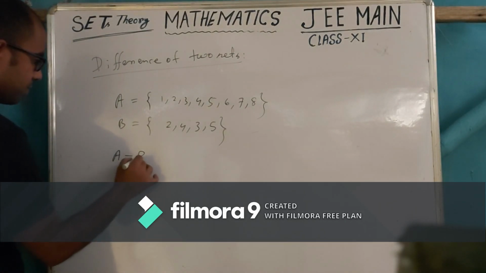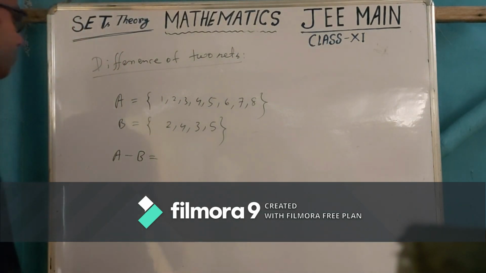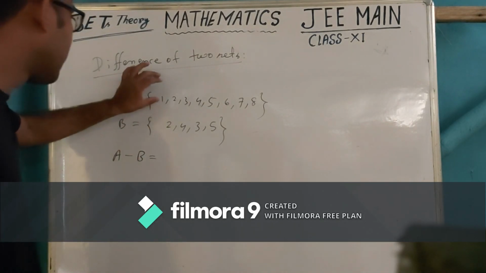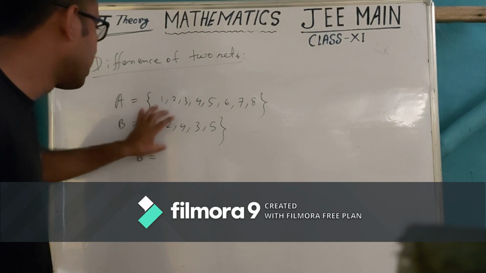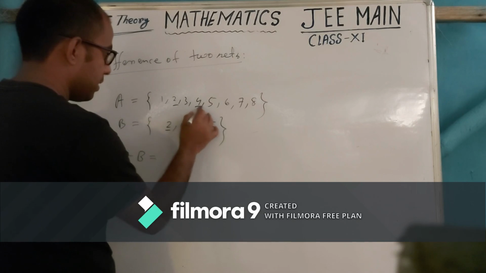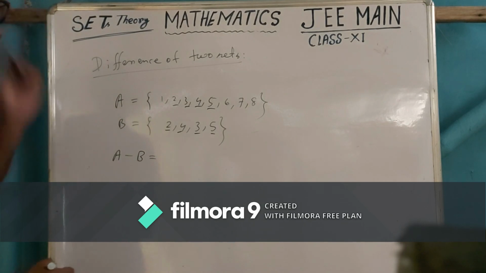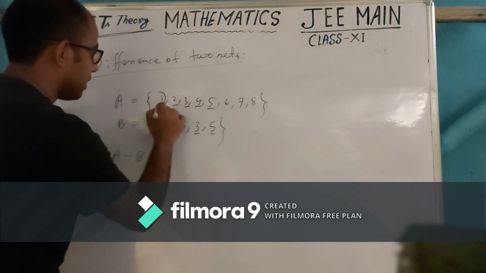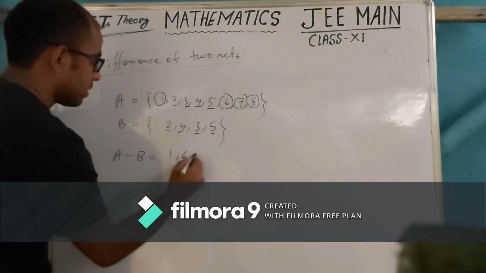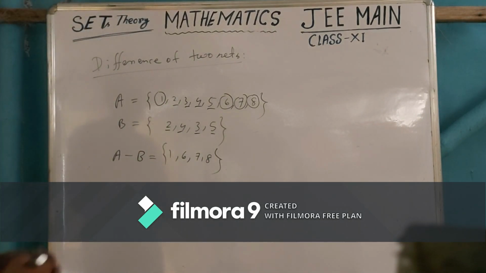A minus B is the difference of the sets A and B. So this set contains the elements of A which do not belong to B. So these are the same, so this part I remove, and only these are written here: 1, 6, 7, 8.